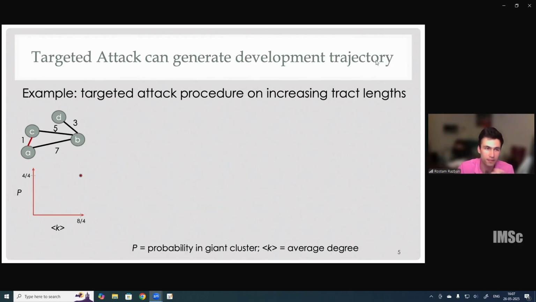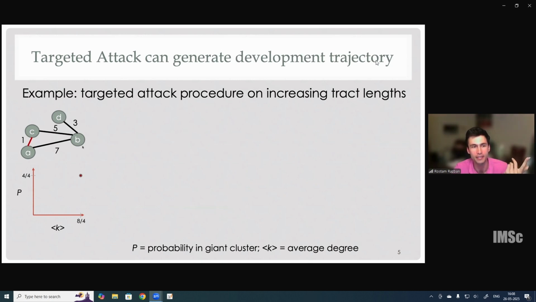B to C has 5, and so on. We can look at this graph holistically by using this property called percolation, P, or the probability of being in the giant cluster, and comparing it to the number of edges that it has per node, or average degree.